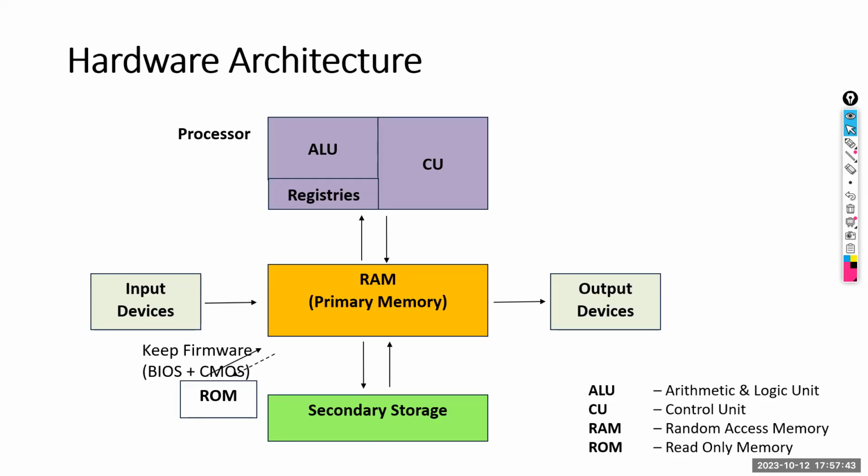Now you know those two words also, BIOS and CMOS. And your processor does the processing and controlling. That is why you have the ALU and the control unit. Registers are part of the ALU. We will get into more details about the processing and memory in the next few slides.